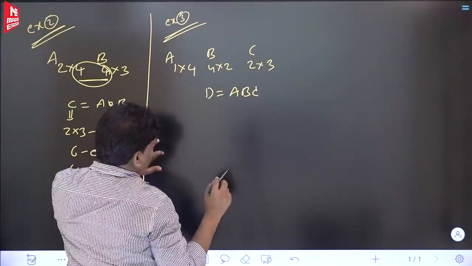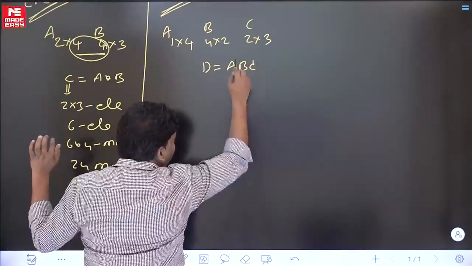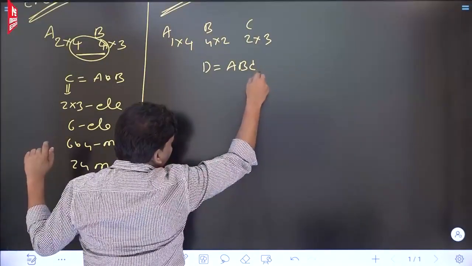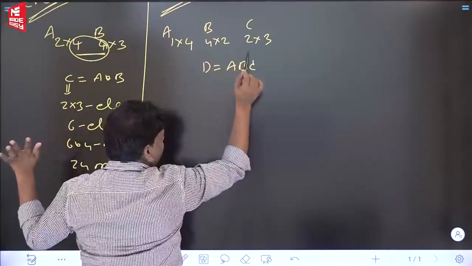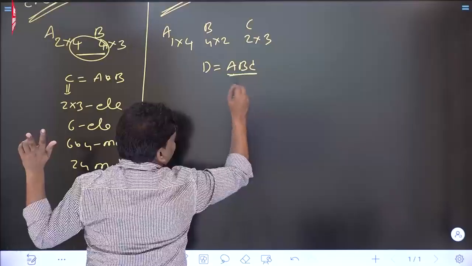But one thing I want to ask you, please listen everyone. To get A into B into C, which is D, everyone knows 3 matrices at a time you cannot multiply.